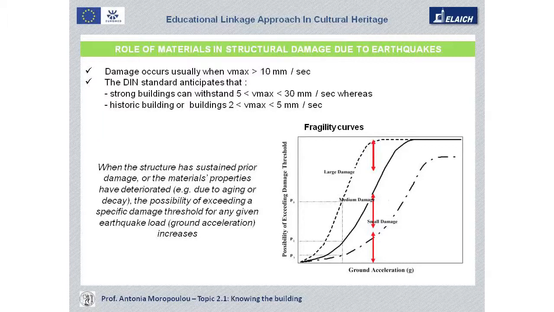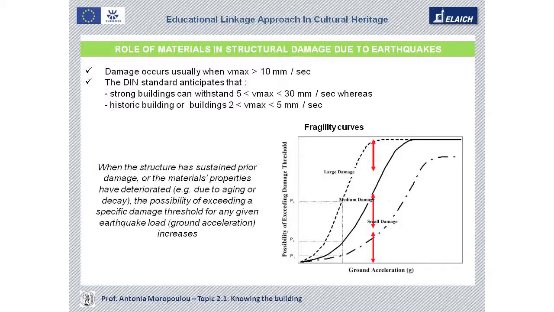According to the international standards, DIN, strong buildings can withstand from 5 to 30 millimeters per second ground velocities, whereas the historic buildings can stand only ground velocities between 2 and 5 millimeters per second.